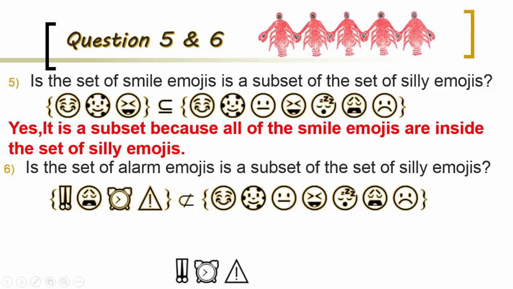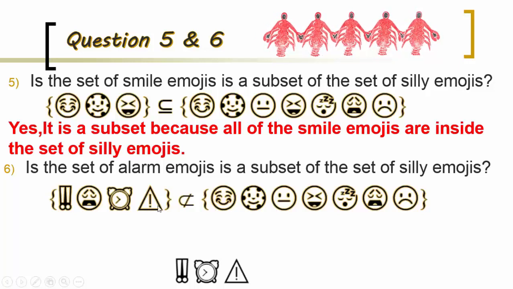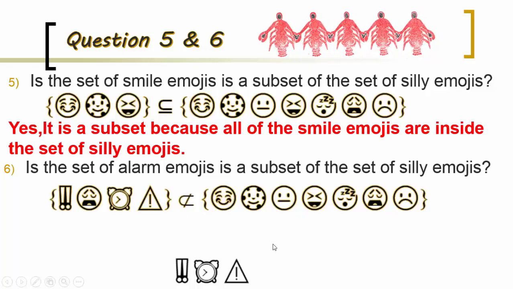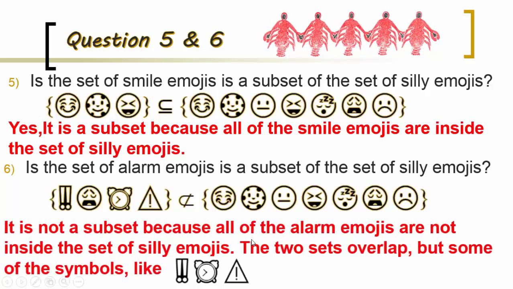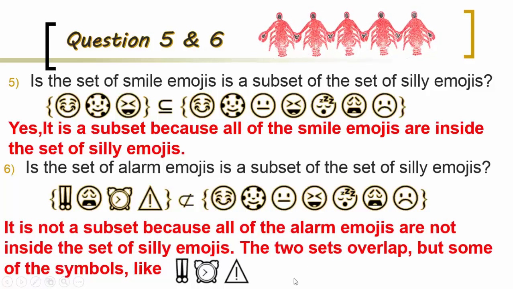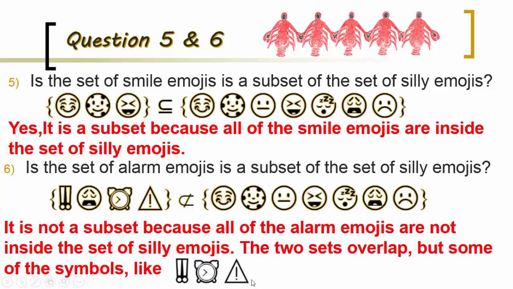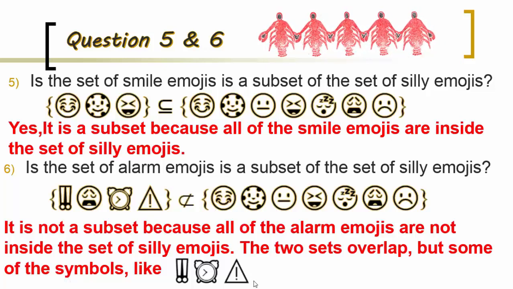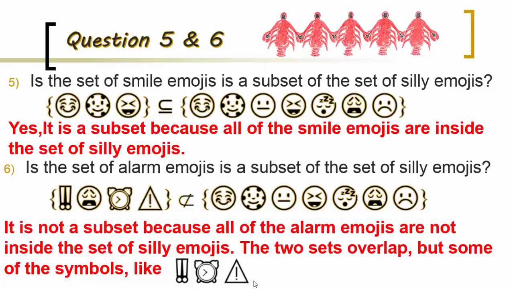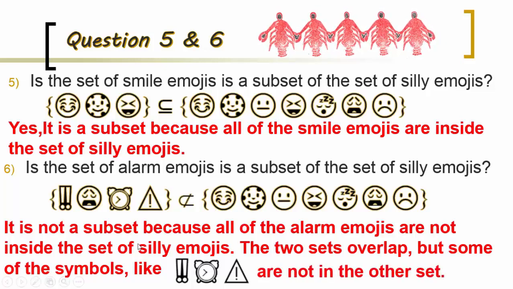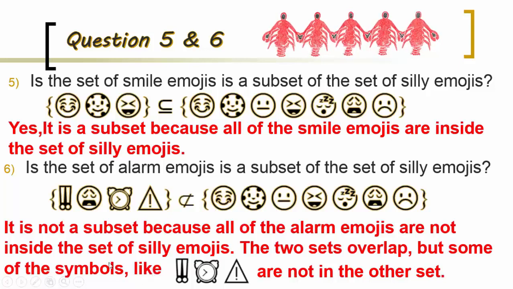So therefore, since these are not in the original set, which is this bigger set, we can conclude that no, the alarm emojis are not a subset of the silly emojis, because the alarm emojis are not in here.